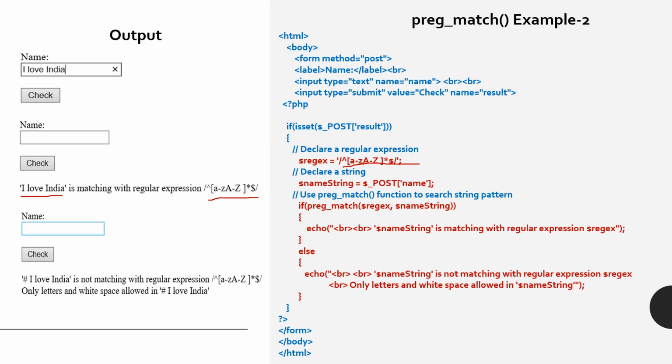Now I have specified "#I love India". That is not matching this regular expression because hash is a special character, which is not allowed. Only letters and white spaces are allowed, that is the meaning. So like that an error message will come. You can try this also.